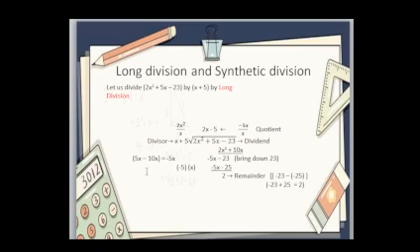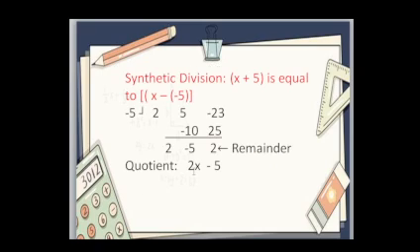So we have solved this a while ago at the previous slide. So our quotient is 2x minus 5 and our remainder is 2. Now let's check if they have the same answer using synthetic division. So our C or divisor is negative 5. And we have our coefficient 2, 5, and negative 23.